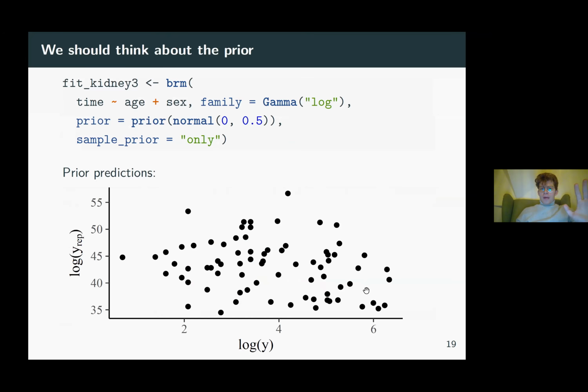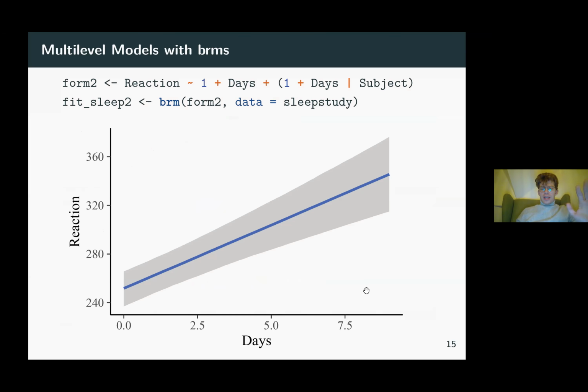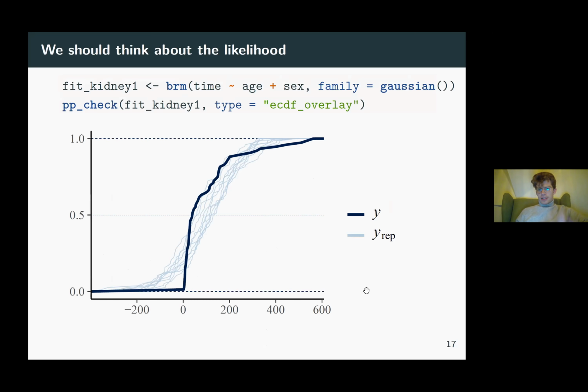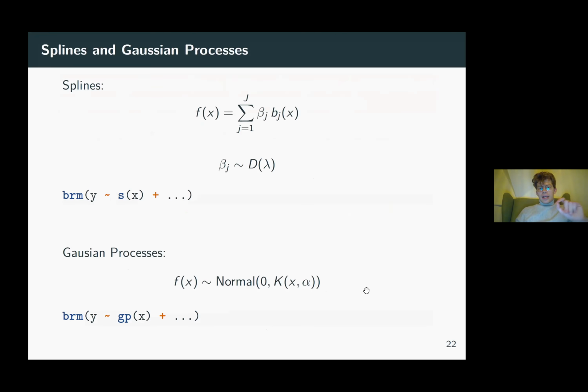If we go back to our linear multi-level model, we had varying linear effects for each subject. But of course, we could also say each subject should have their individual spline, so we are using a multi-level spline model. I understand it that way. If I understand it incorrectly, please correct me afterwards.